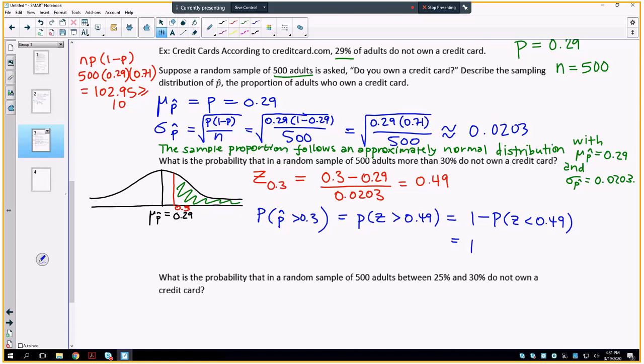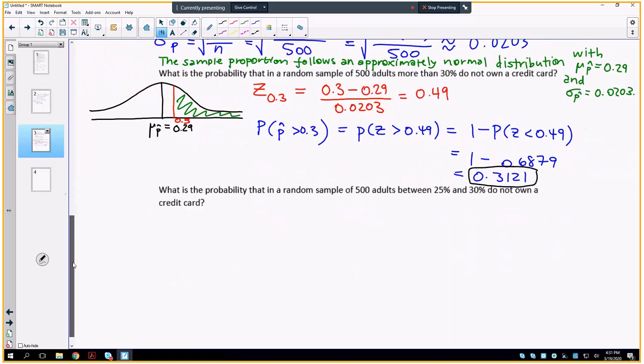So it's 1 minus 0.6879. So we get 0.3121. And that is the probability that in a random sample of 500 adults, more than 30% don't own a credit card.